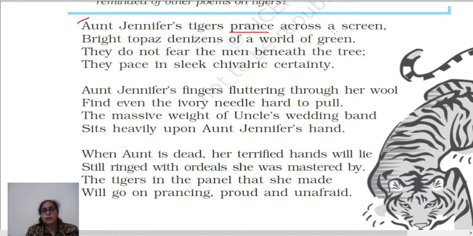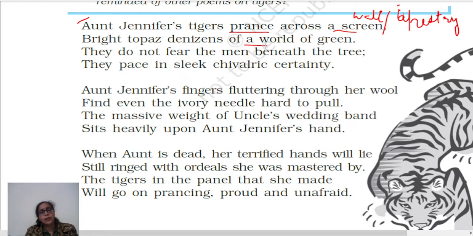Now what is a screen here? Screen can be a wall or some tapestry where Aunt is making these animals. It is some tapestry there where Aunt is making the animals. Okay. So further the poet says, bright topaz denizens of a world of green.